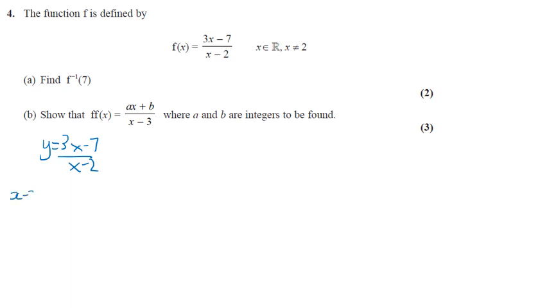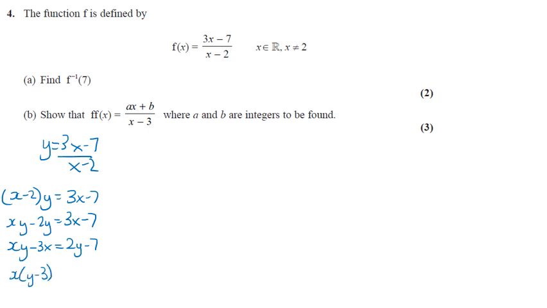So the first thing we do is multiply across the x minus 2 from the right hand side, multiply everything out, collect terms in x on the left hand side and move all the other terms to the right. And then if we factorize on the left hand side, then we can divide that across.